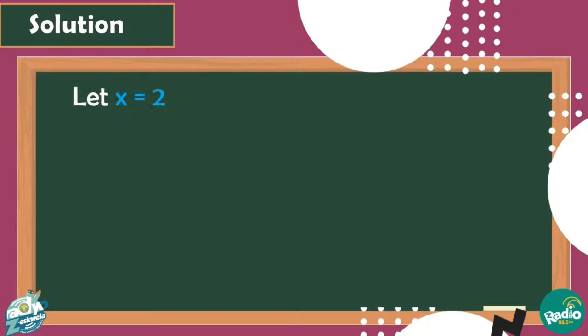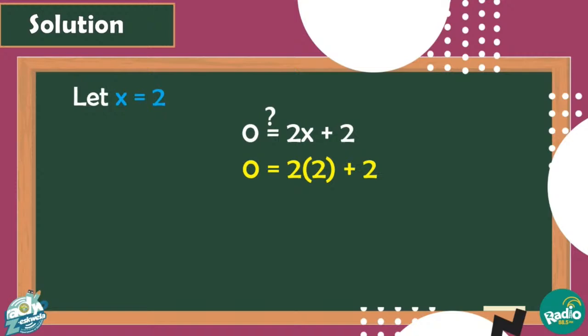The fourth value of x, which is x is equal to 2, by copying our given equation, which is 0 is equal to 2x plus 2, and by substituting the given value of x, which is 2, to our given equation, the equation now becomes 0 is equal to 2 times 2 plus 2.